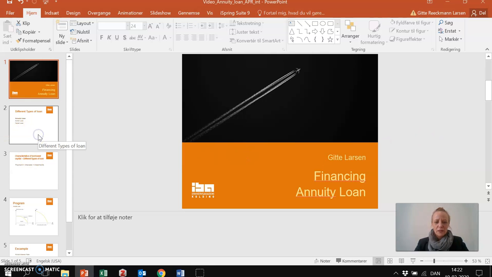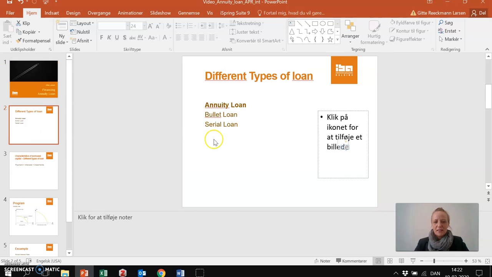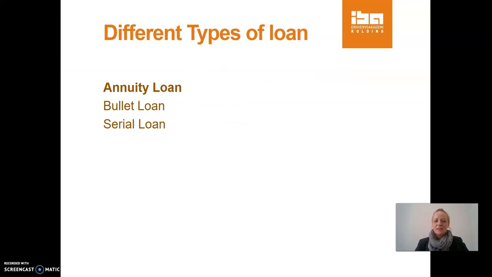Doing this, you will meet different types of loan. You will meet 3 different types of loan and learn how to calculate the actual percentage rate or the actual cost that you have in relation to these types of loans.